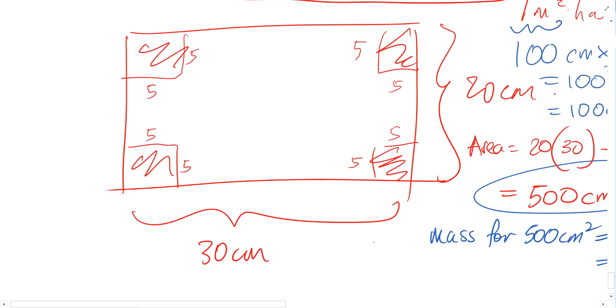Can you visualize folding this cardboard into a box? Basically, you dot this side, you dot this side, dot here, and dot here. Then you fold along the dotted line to get a box. Can visualize? What is the base area of this box?